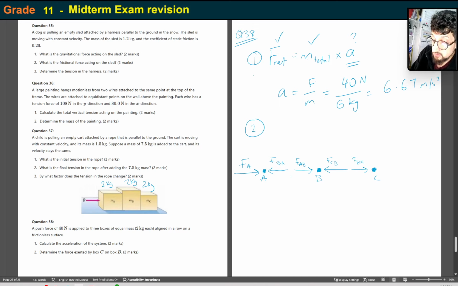Now, if I put some numbers on them, that's going to be 40. What's force B acting on A going to be?